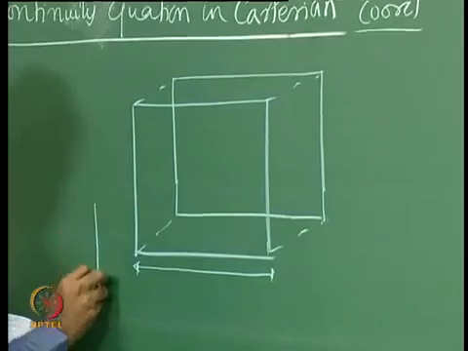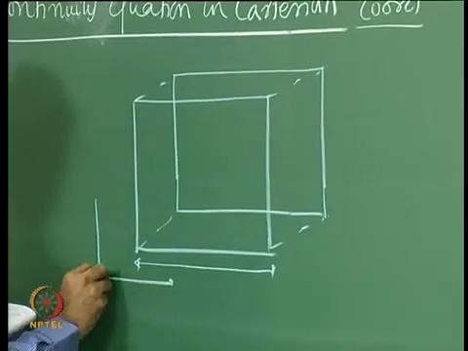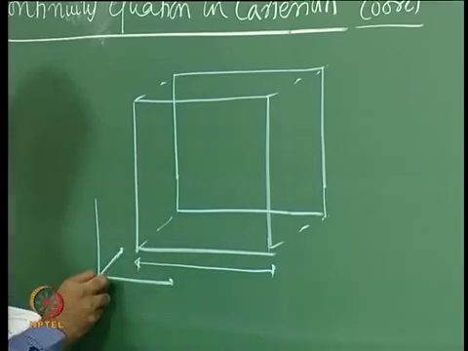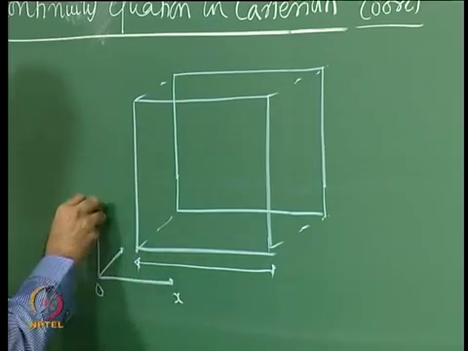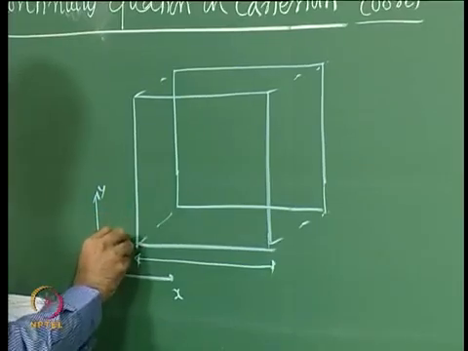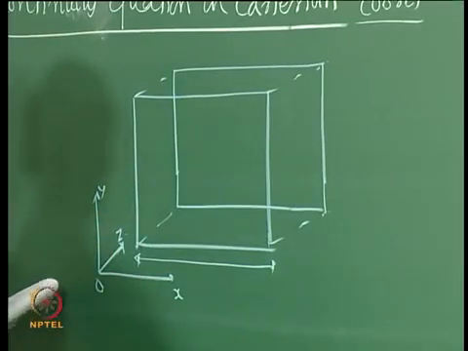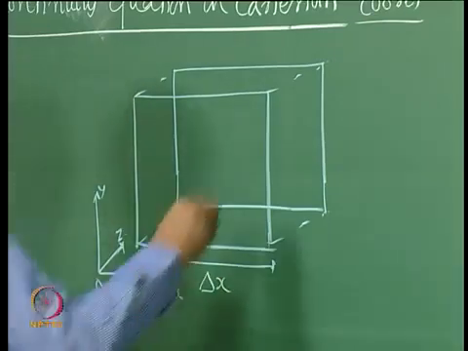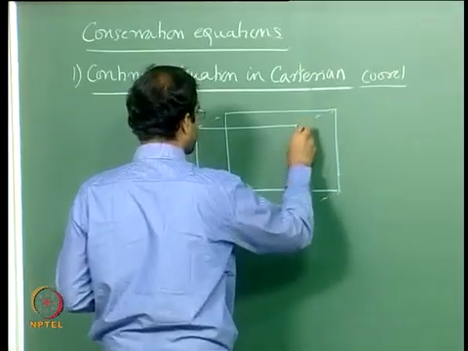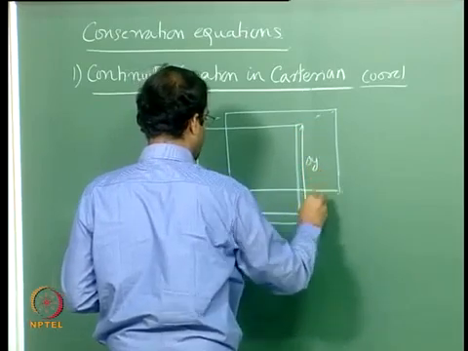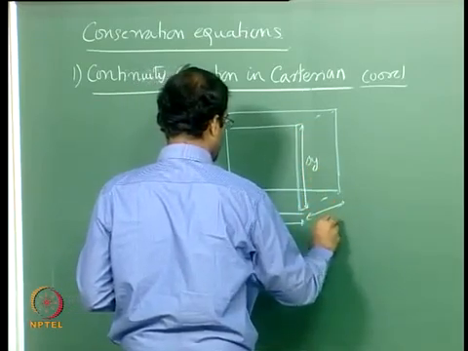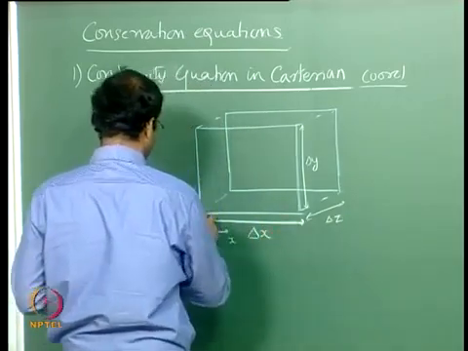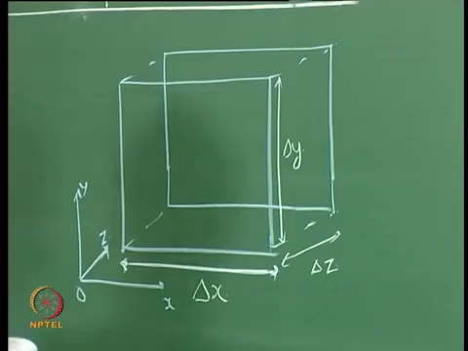The origin will be at the left front corner here. So this is your x, y and z, and the control volume sizes are delta x in the x direction, delta y in the y direction, and delta z in the z direction. So these are the dimensions of the control volume, and this is your coordinate system.